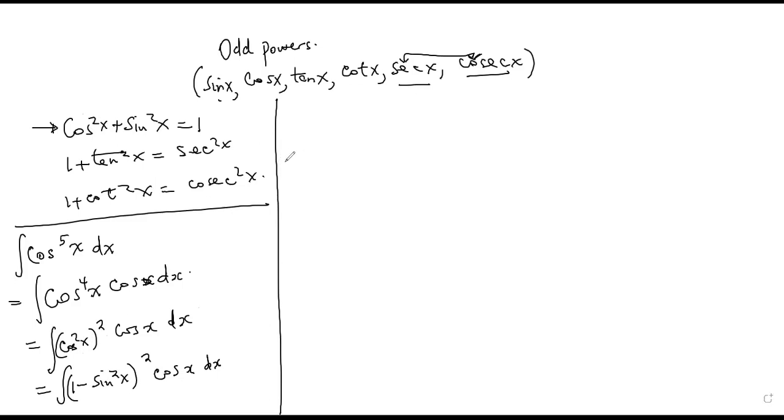Interestingly, we can square this, so it is going to be the integral of cos x minus 2 sine squared x cos x plus sine power 5 x cos x, everything dx.